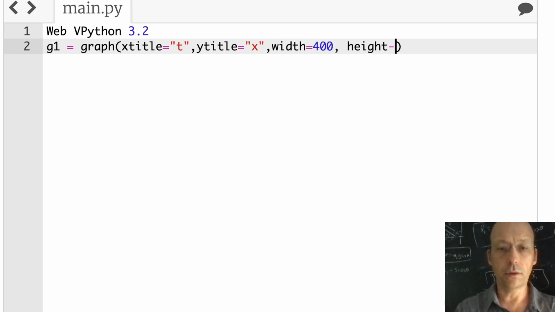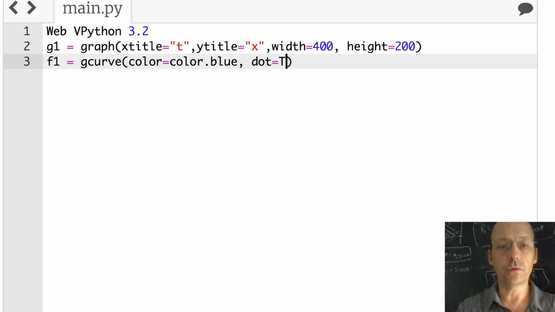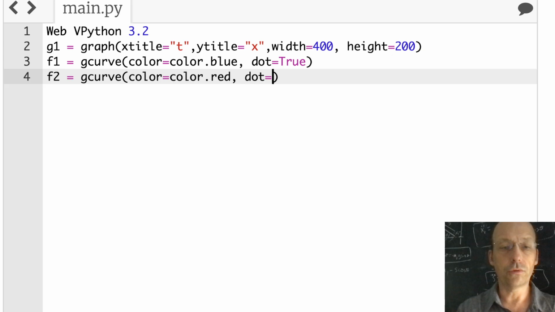A height equals 200. And then I need two graphs. F1 equals G curve. Color equals color dot blue. F2 equals G curve. Color equals color dot red.